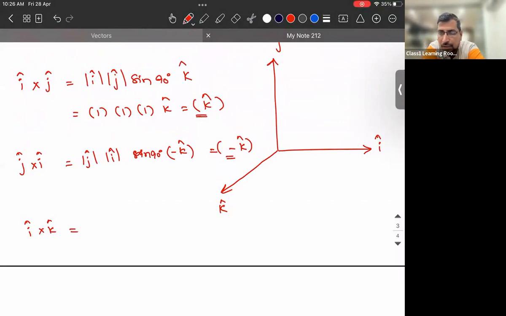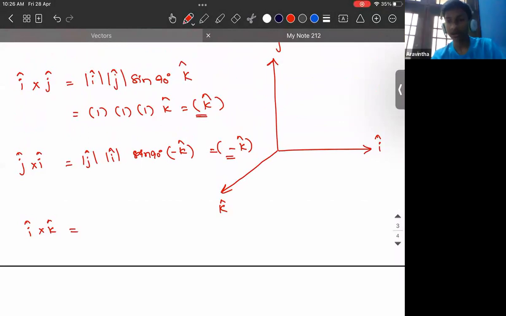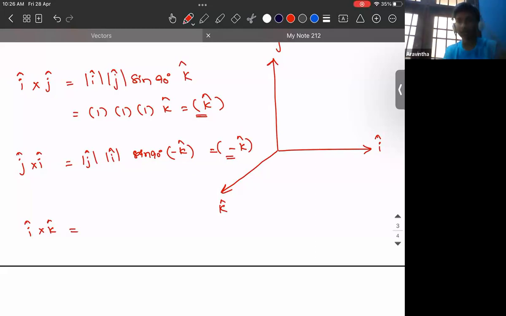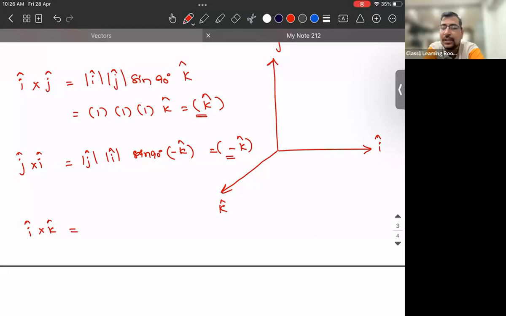So see from the top. If you do I cross K, what are you going to get? Clockwise. Shortest is this. So you are making a mistake: you are doing K cross I. I told you to keep the position of the second vector fixed. You are rotating the second vector.